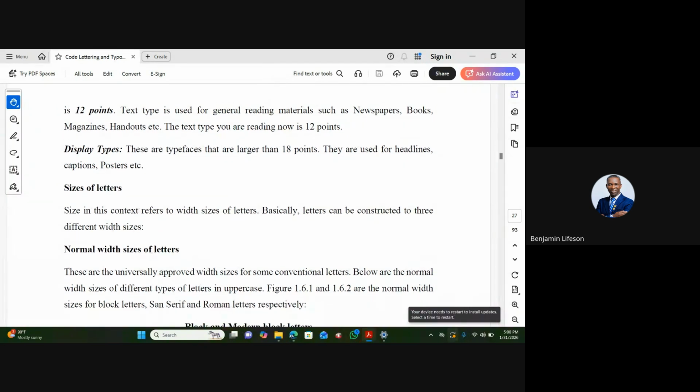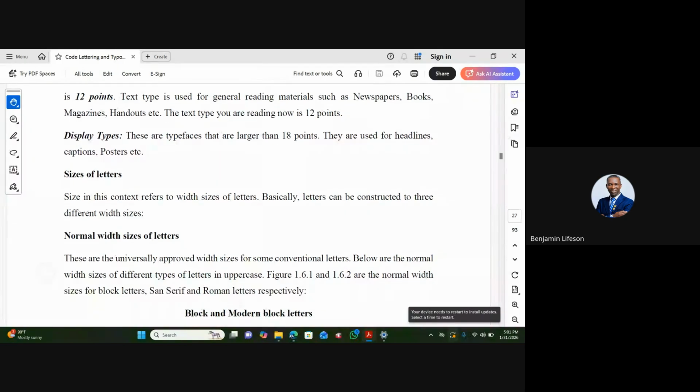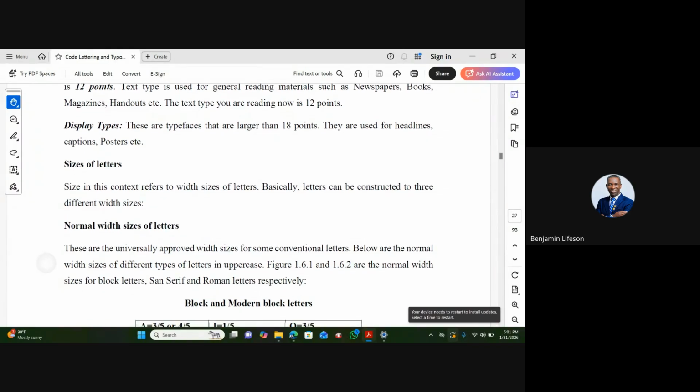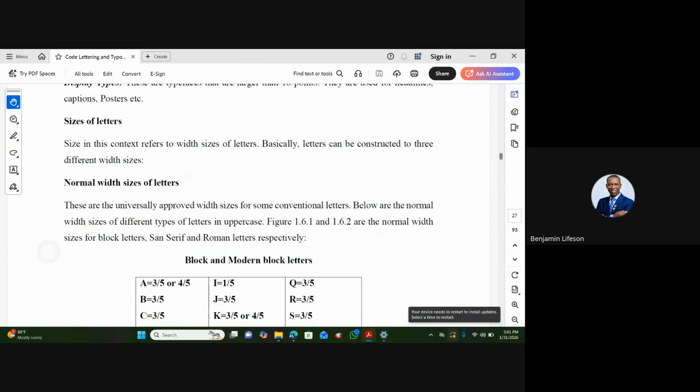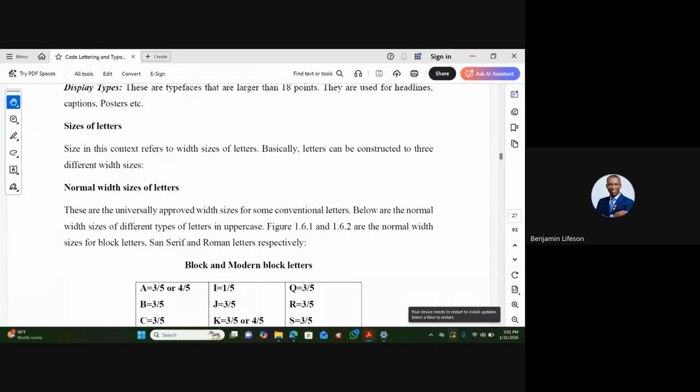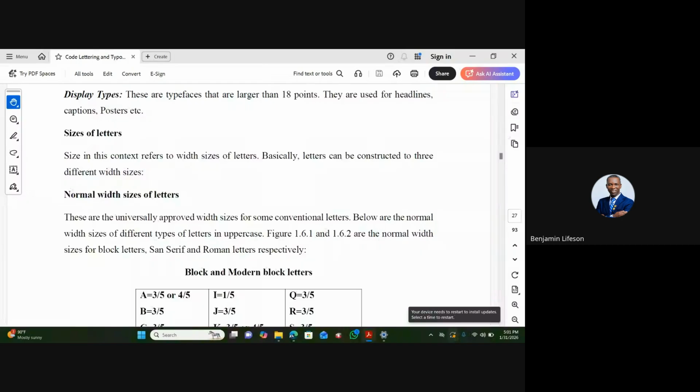Then sizes of letters. Size in this context refers to the width size of letters. Basically, letters can be constructed into 3 different widths. Whenever we are constructing letters, we look at it from 3 different width sizes.